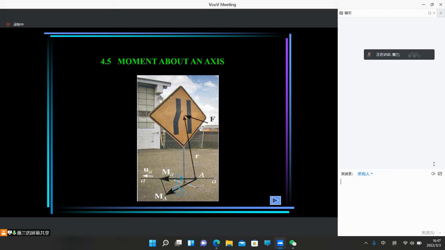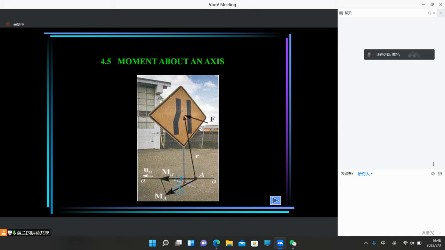So we can just describe the moment as negative or positive according to whether it's counterclockwise or clockwise rotation. In the 2D case, the moment is calculated by the force times the moment arm. Moment arm is actually the perpendicular distance from the moment center to the line of action of force F.